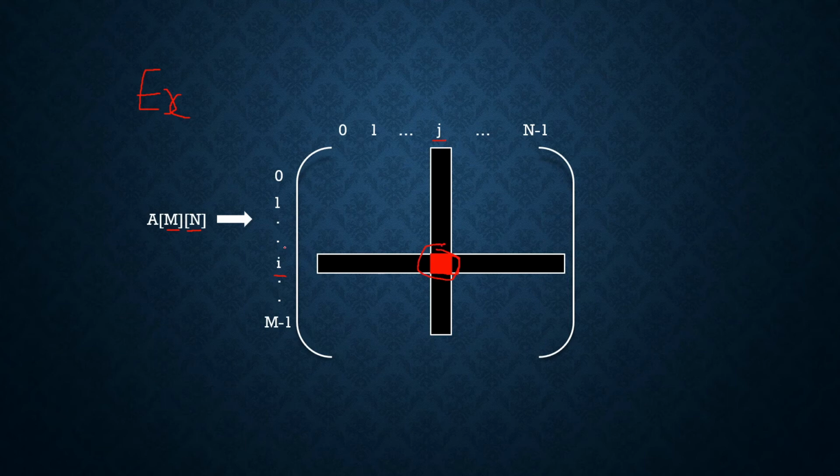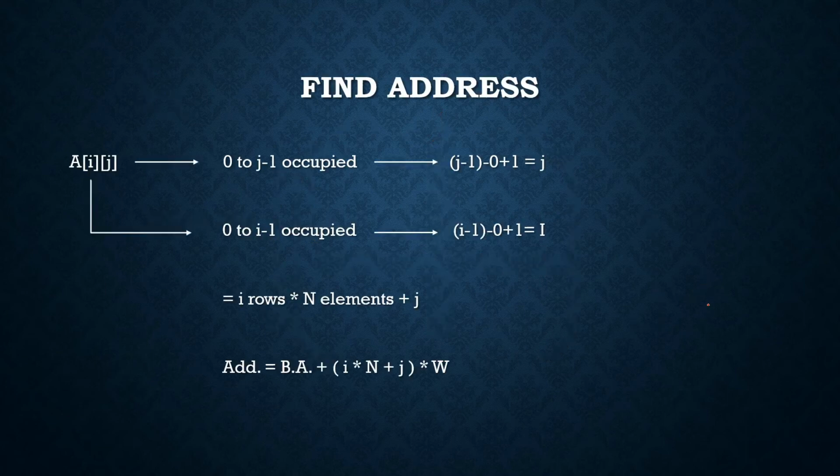First of all, the question arises: how many rows are filled up before the ith element? That is simple. I minus 1 rows are filled up. And how many columns are filled up before the jth element? That is easy. J minus 1 columns are filled up.